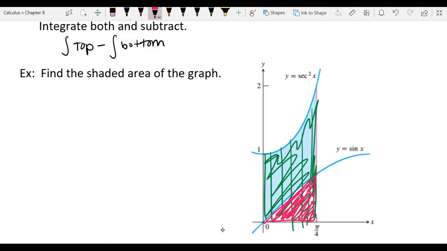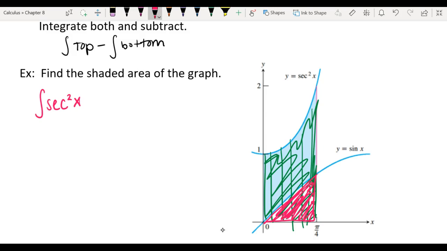That's what you're trying to do: take the area under this curve and subtract the area under that curve. Now, this is an example of a no calculator problem. The reason I know it's a no calculator problem is because they gave you the graph. So you know which one's on top and which one's on bottom. You would integrate your top, so I would integrate secant squared of x, going from 0 to pi over 4.